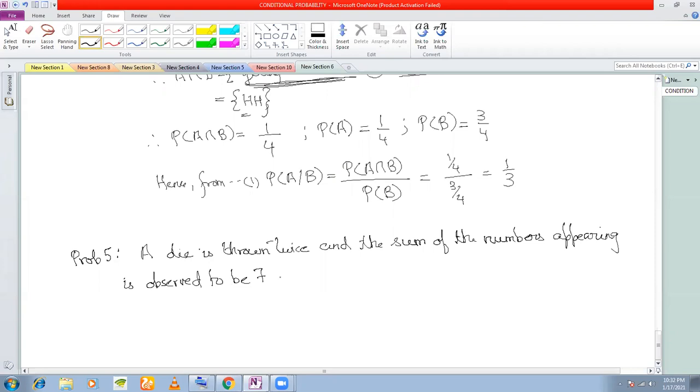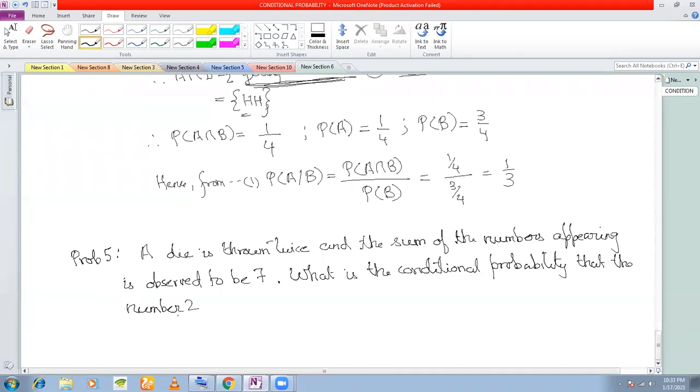Question is, what is the conditional probability that the number 2 has appeared at least once.